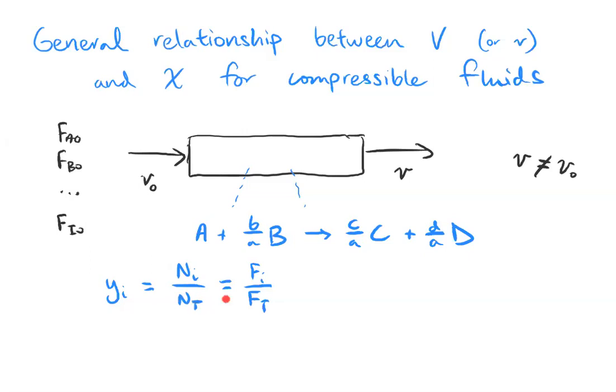So the shortcut to recognize here is that the total number of moles at any given time is equal to the total number of moles that you started with, plus, and I'm going to use this lowercase delta symbol here, multiplied by your number of moles initially of, in this case, since everything is normalized to A, which you would treat as your limiting reactant, the number of moles of your limiting reactant times your conversion.